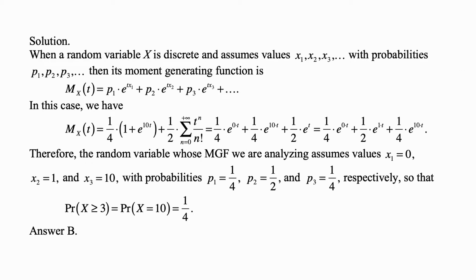So obviously the problem is that we are given the moment-generating function, but we need to have some information about the probability distribution. The important thing to remember is that when you have a random variable x that is discrete and assumes values x1, x2, x3, and so on, with probabilities p1, p2, p3, and so on, then its moment-generating function is m sub x of t equal to p1 times e to the t x1 plus p2 times e to the t x2 plus p3 times e to the t x3 and so on.